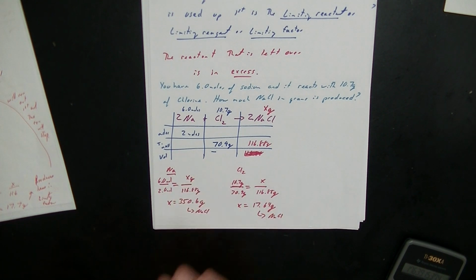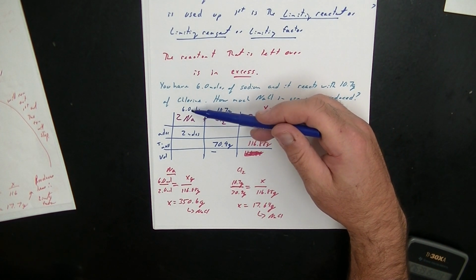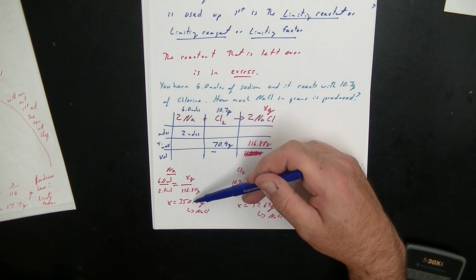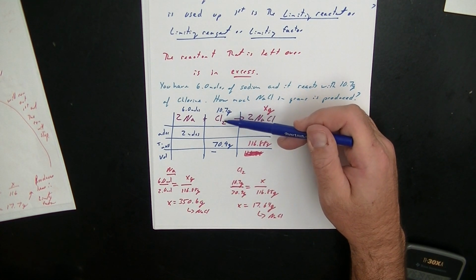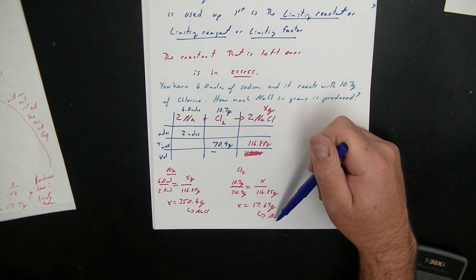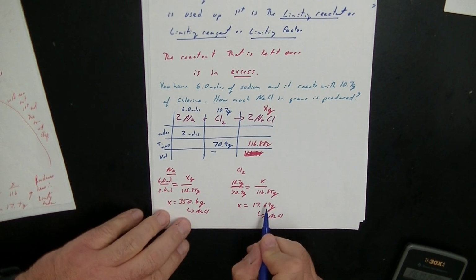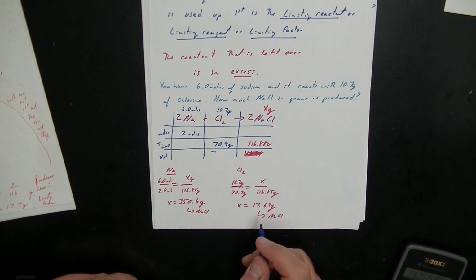So now let's look at this. What is this telling me? If I used all of the Na, it would be able to produce 350.6 grams. If I used all of the Cl2, it would only make 17.64 grams of NaCl. The one that makes less is the limiting factor.